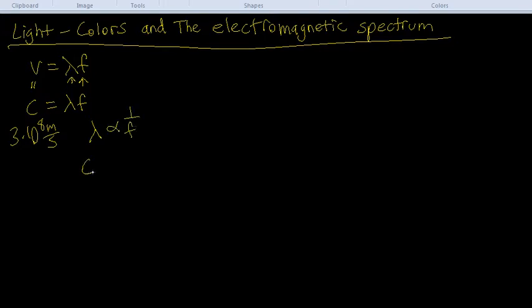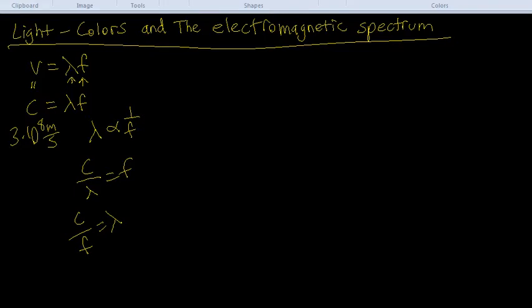In other words, this is how you would write frequency, and this is how you would write wavelength. And you can notice that they're inverses of each other. So if you speak of one frequency, you're also talking about the corresponding wavelength, and so on and so forth.